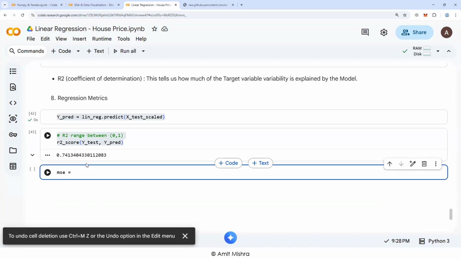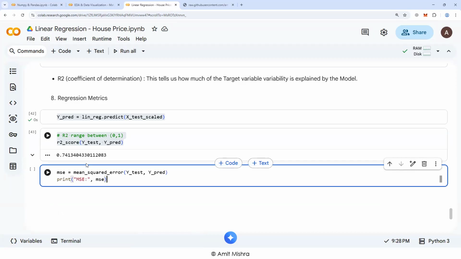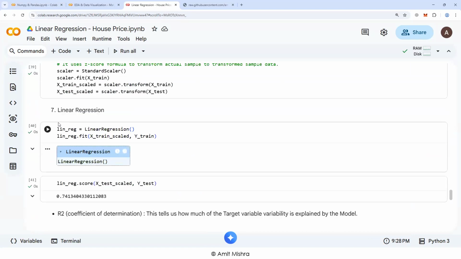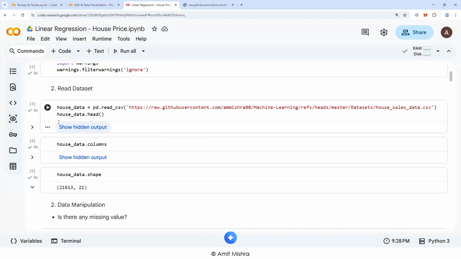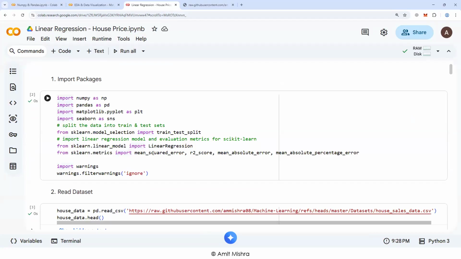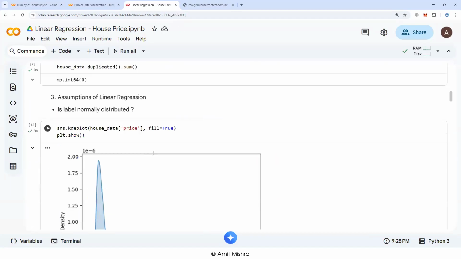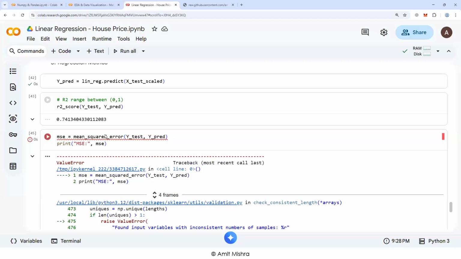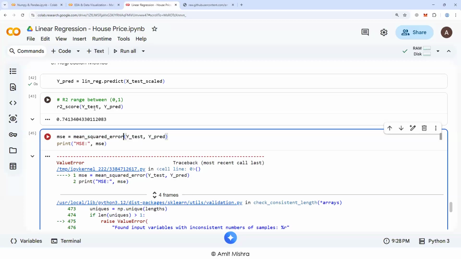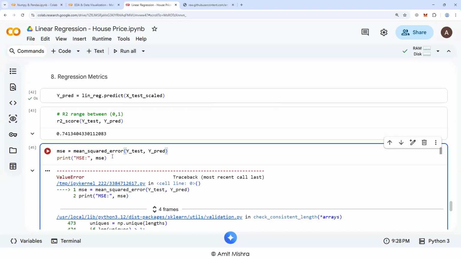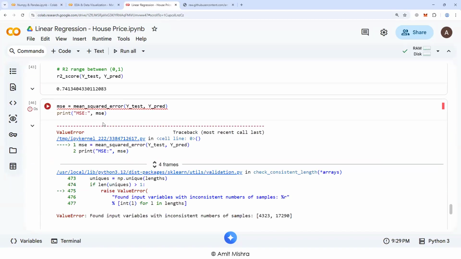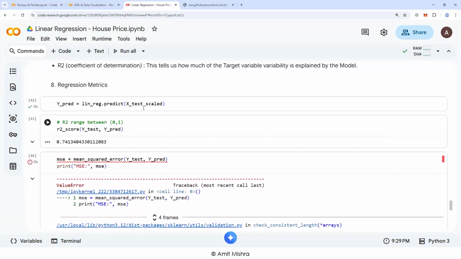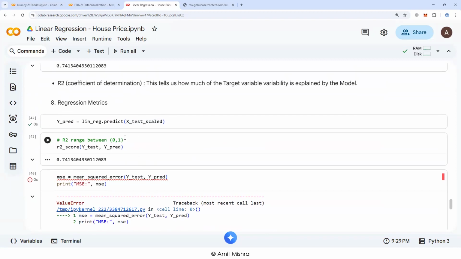We start with the mean squared error. Let's compare your actual value and predicted value.